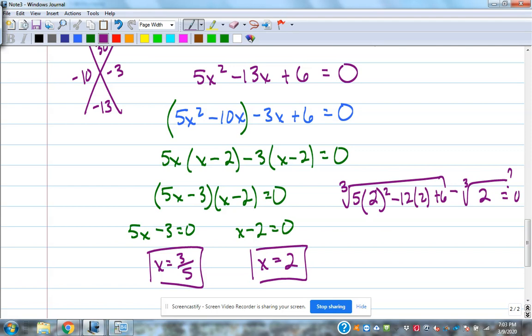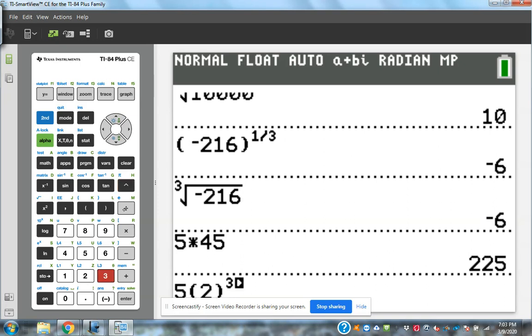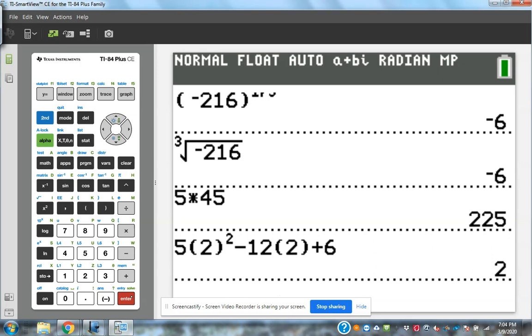All right. And I'm going to use my calculator to help me a little here. I'm going to say 5 parentheses 2 raised to the second, minus 12 parentheses 2 plus 6. Get that answer.